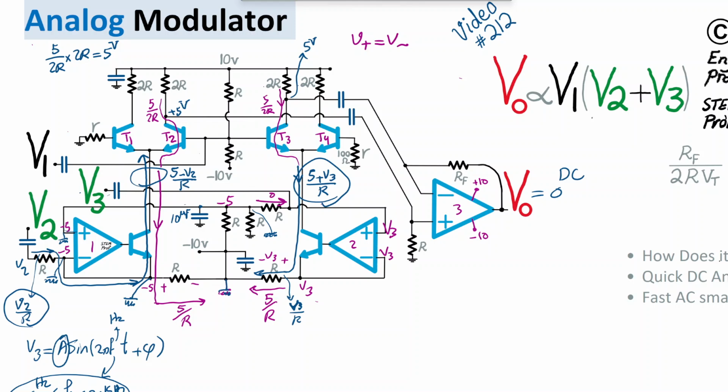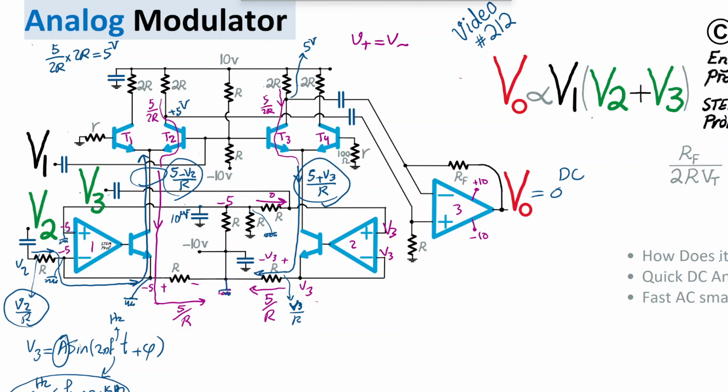Arbitrarily, we assume the direction for the current is downward. Because the blue one here is upward, we have a negative sign for it. So 5 minus V2 over R is the total current.